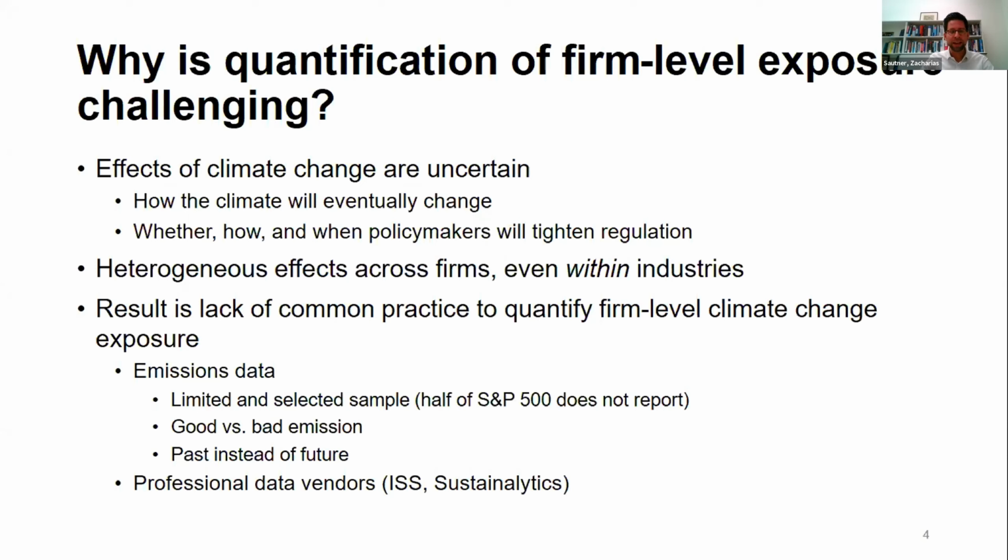What's more, the effects of climate change will likely vary across firms, very heterogeneous, even within industries. That's an important point we make in this paper: it's very difficult to classify climate risk exposure based on industries only, because within a given industry, there are going to be winners and losers.